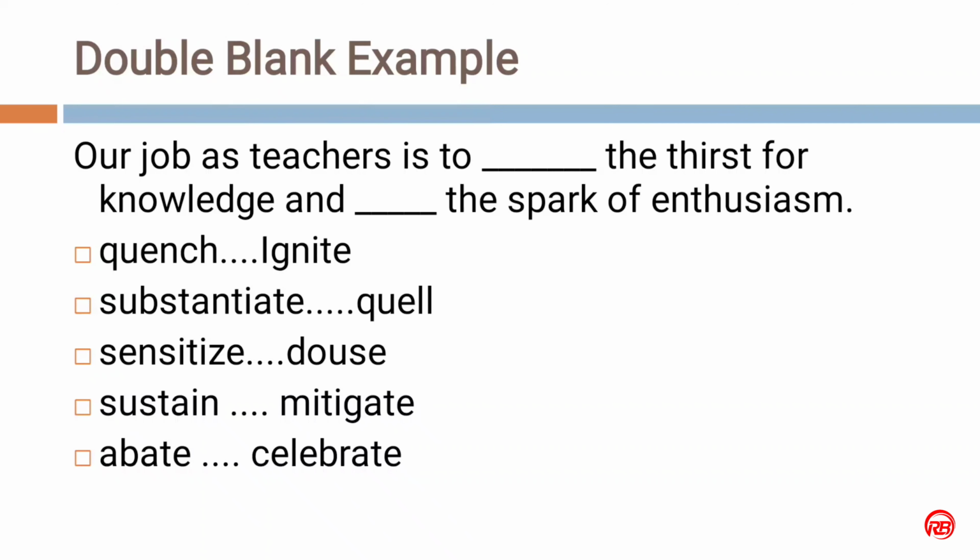In the second blank, they have given the clue word, the spark. So usually we say ignite the spark. So option A is the correct one. Our job as teachers is to quench the thirst for knowledge and ignite the spark of enthusiasm.